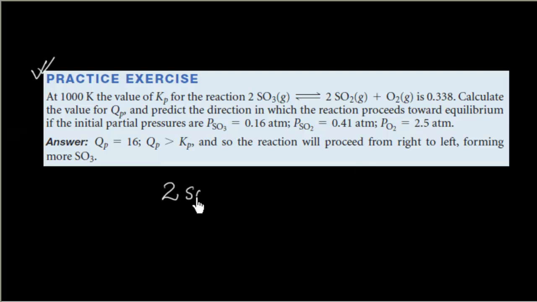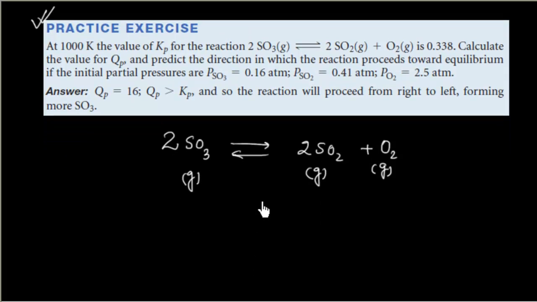You have 2SO3 giving 2SO2 plus O2, all gases, and the partial pressure of each is given. Partial pressure of SO3 is 0.16 atm, SO2 is 0.41 atm, and O2 is 2.5 atm.